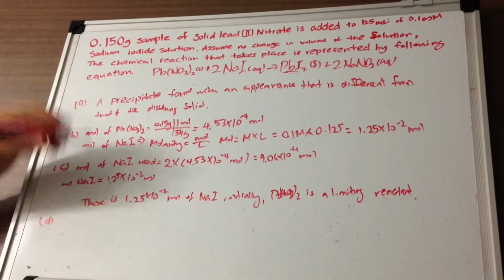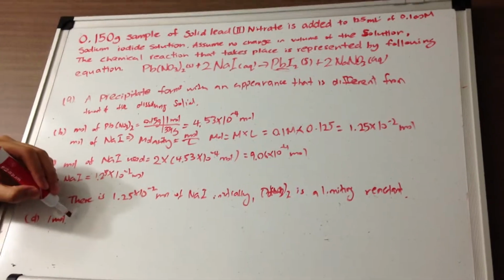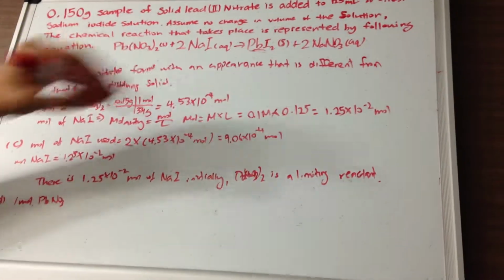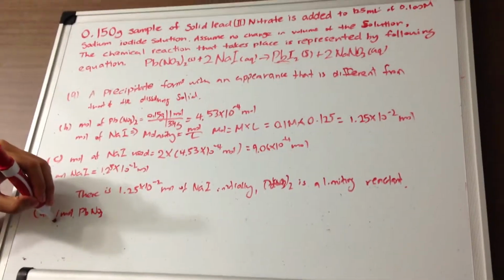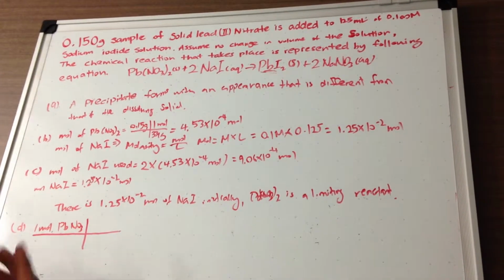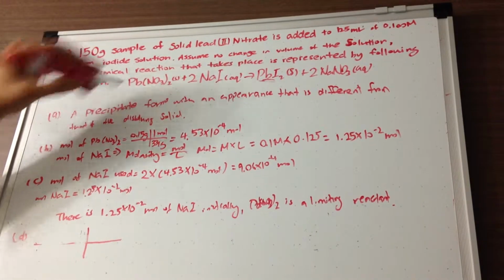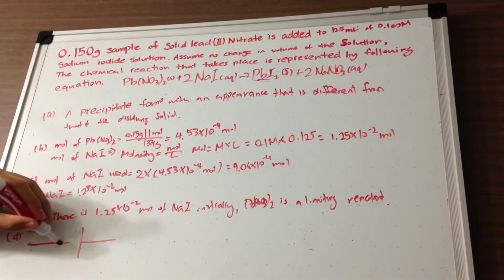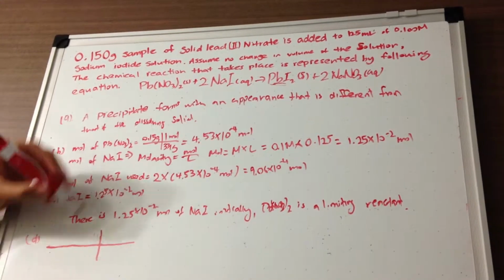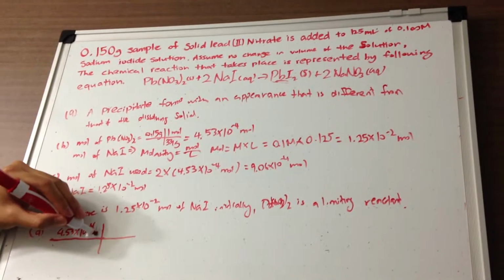So it's 1 mole of Pb(NO3)2 resulting in, actually I'll make a note. So the initial moles of Pb(NO3)2 is 4.53 times 10 to the negative 4 mole.